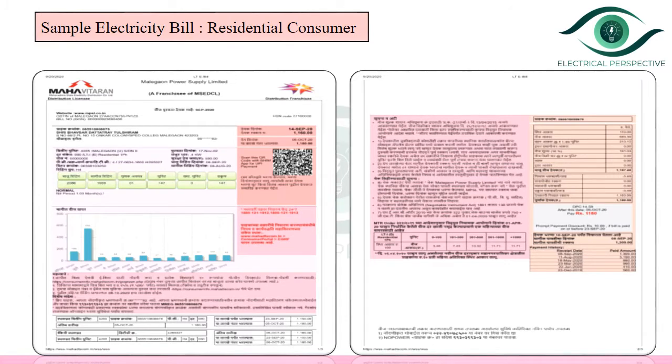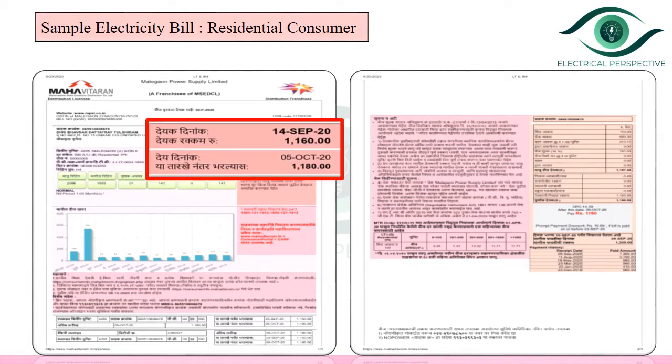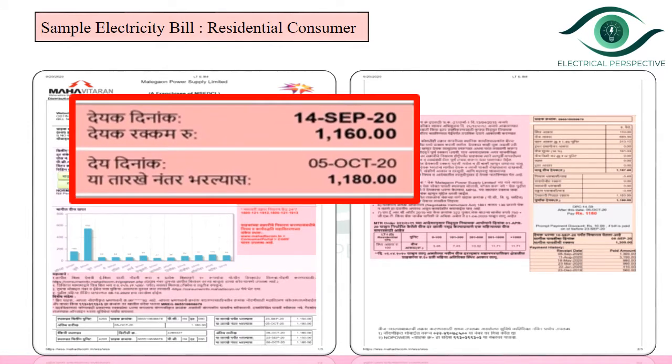This is the sample electricity bill issued by Mahavitaran or MSEDCL, that is Maharashtra State Electricity Distribution Company Limited. The consumer receives the bill in Marathi language and we see only four parameters: bill date, bill amount, due date and the bill amount with the delayed payment charges.